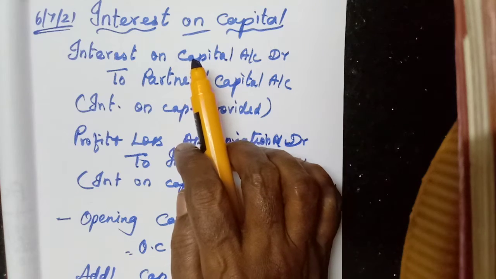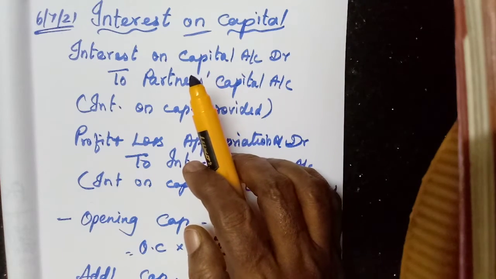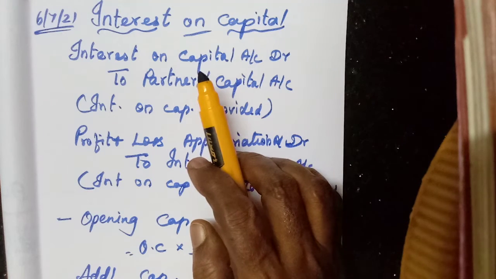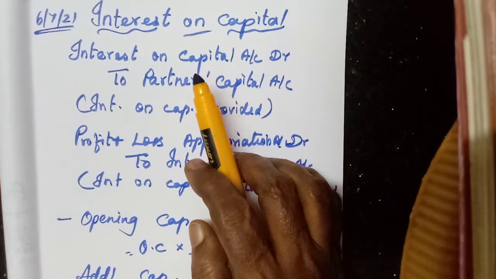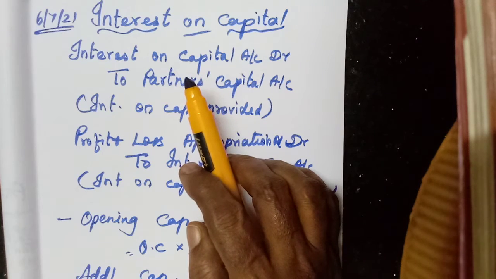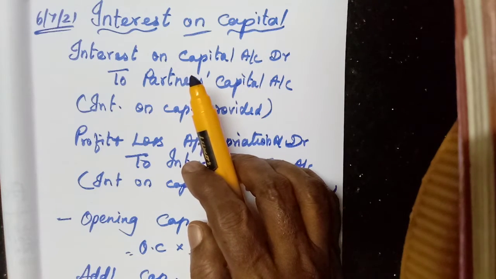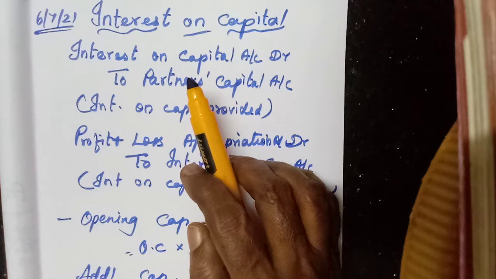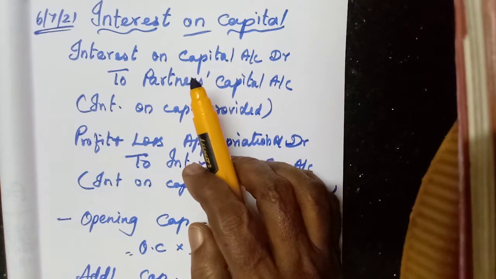We have already learned in the beginning of this chapter, interest on loan, the rate of which will be given in the partnership deed. Interest on capital is distributed from the profit of the business. If there is no profit in that year, then no interest on capital will be provided for the partners.